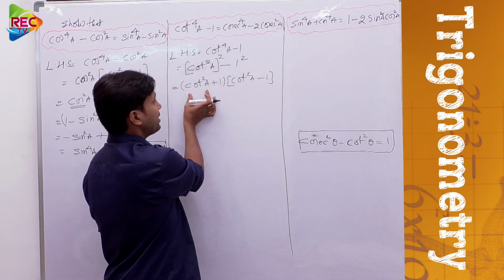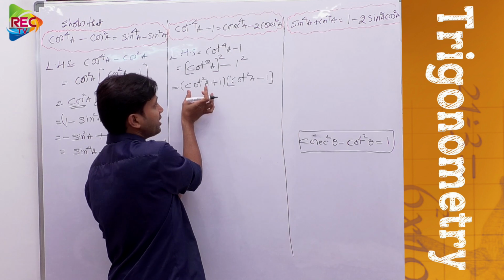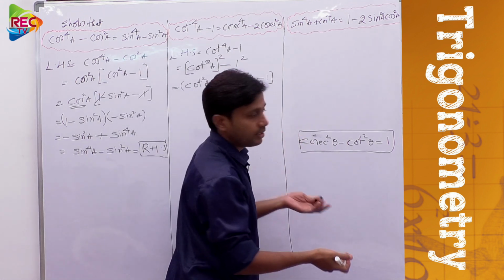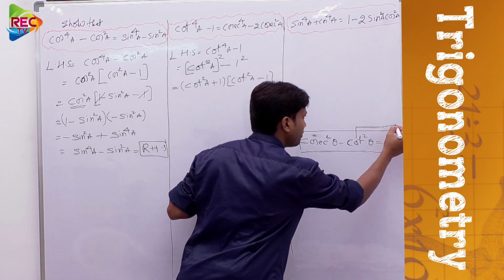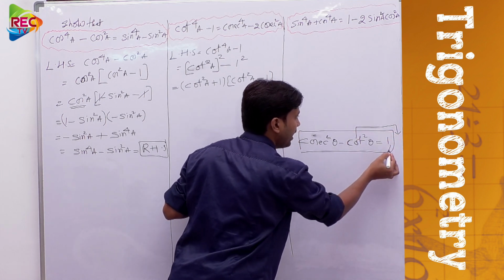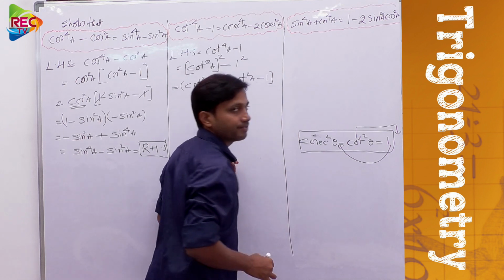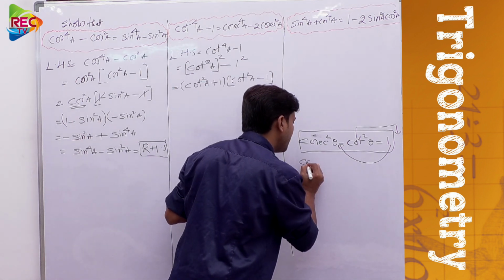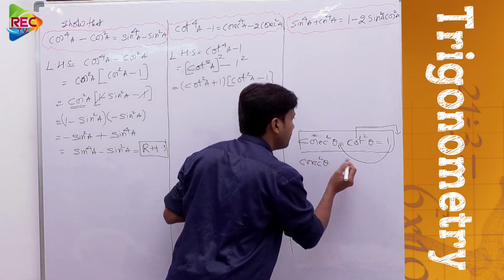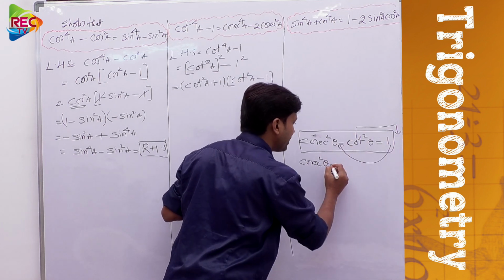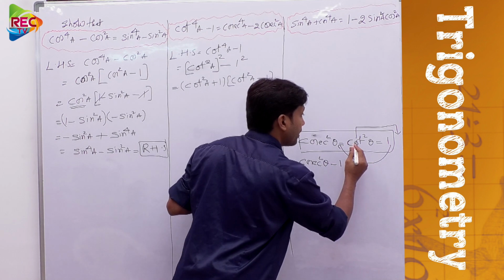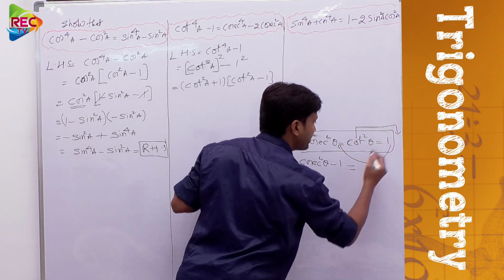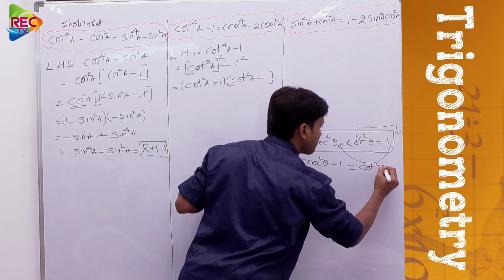Now you need to convert this cot square terms into cosecant terms. Then better you do one thing. This cot square theta should be sent to the other side, and this 1 should be sent to this side. Then what happens? Cosecant square theta, this plus 1 becomes minus 1 coming to this side, is equal to minus cot square theta, on going that side, becomes plus cot square theta.